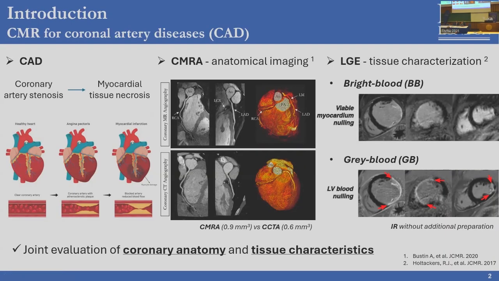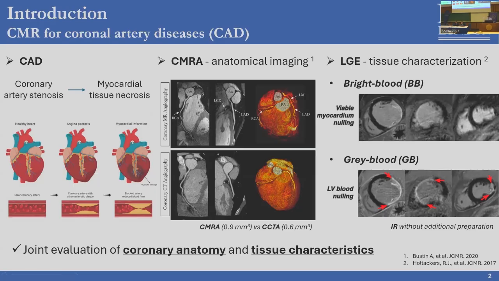So CMRA can provide the anatomical information of coronary arteries and the heart, while the late gadolinium enhancement is the gold standard for non-invasive myocardial tissue imaging.